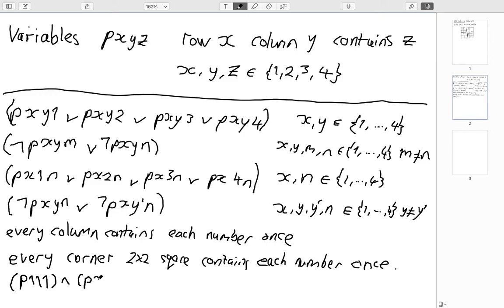In row 3, column 3, we have the number 3, and in row 4, column 4, we have the number 4.